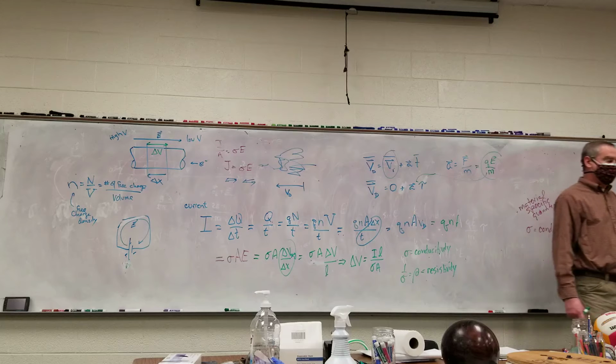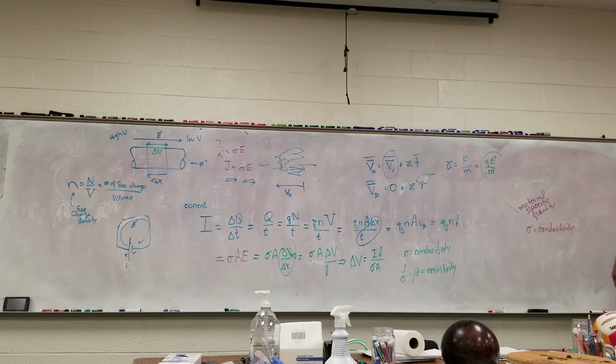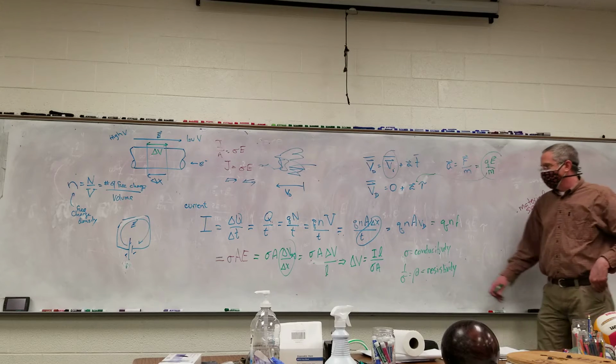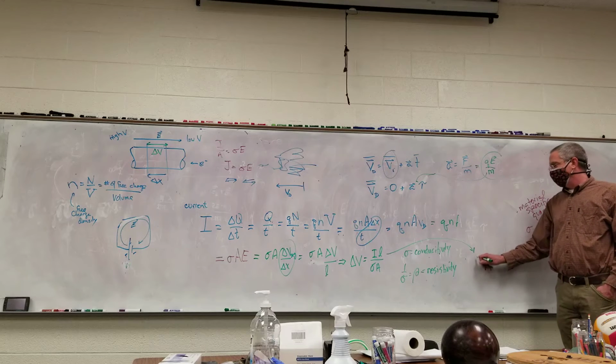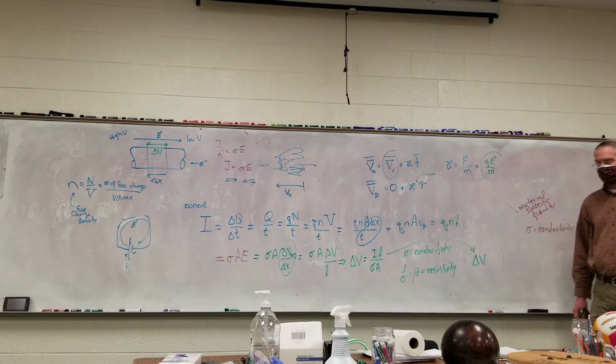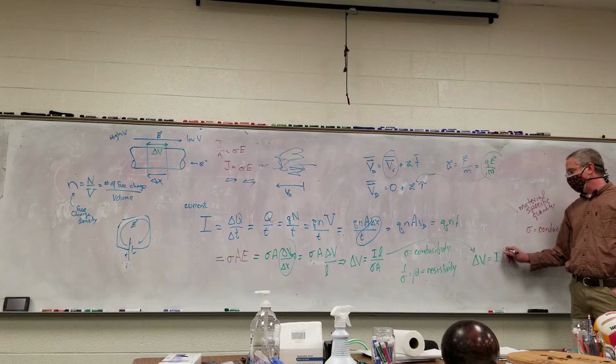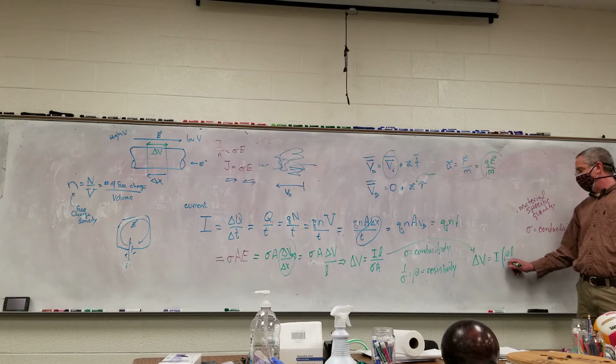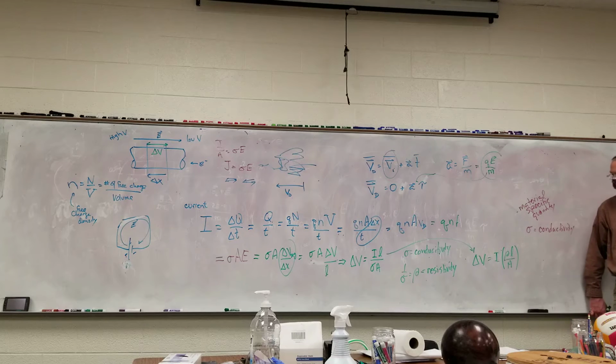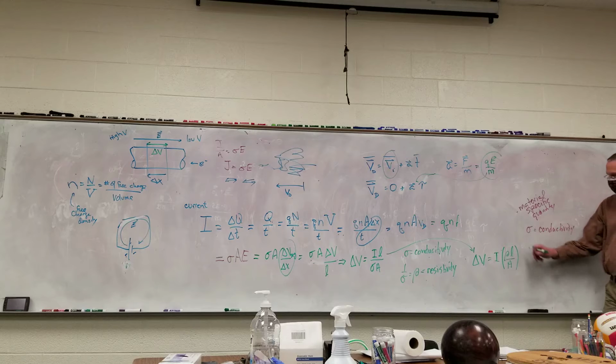And if you find a table of conductivity and resistivity, you can just pull out a calculator, type in the conductivity, take the reciprocal, and you get the resistivity value. So my equation over here is that the potential difference across whatever I'm looking at is equal to I times rho L over A. And this is known as resistance.